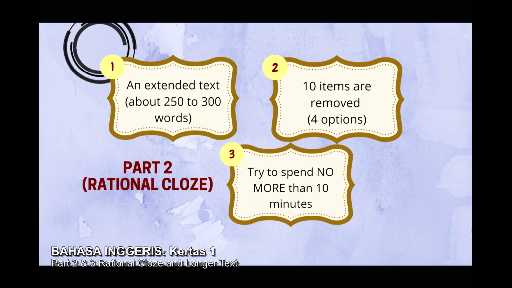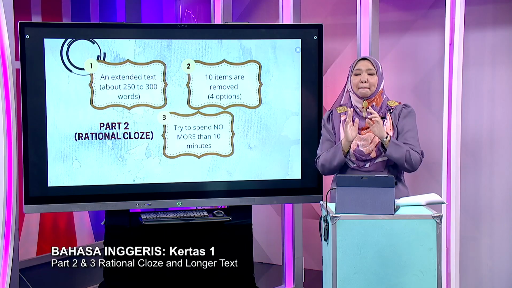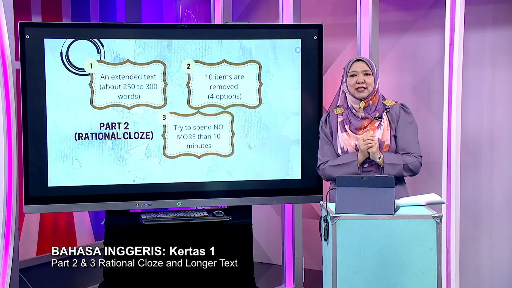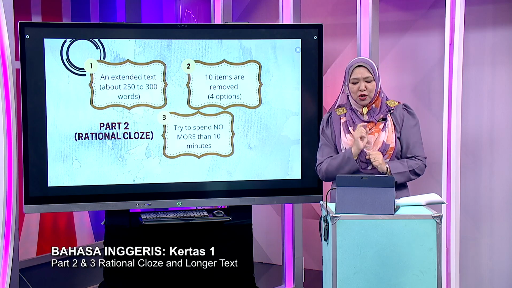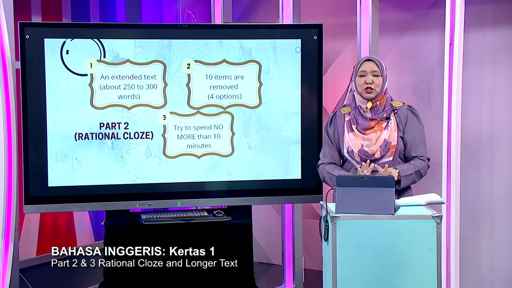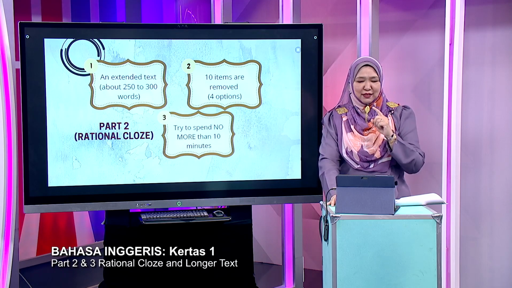These 10 items will be followed by 4 options. So you have to choose which option or answer best suits the blanks given. And try not to spend more than 10 minutes. So we have 10 blanks, then 10 minutes, meaning 1 minute, 1 blank.